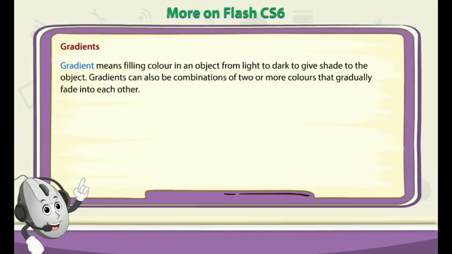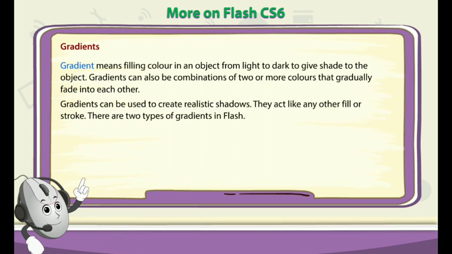Now let's learn about gradient. Gradient means filling color in an object from light to dark, giving shade to the object. Gradient can also be a combination of two or various colors that gradually fade into each other. Gradient can be used to create a realistic shadow. They act like any other fill or stroke.